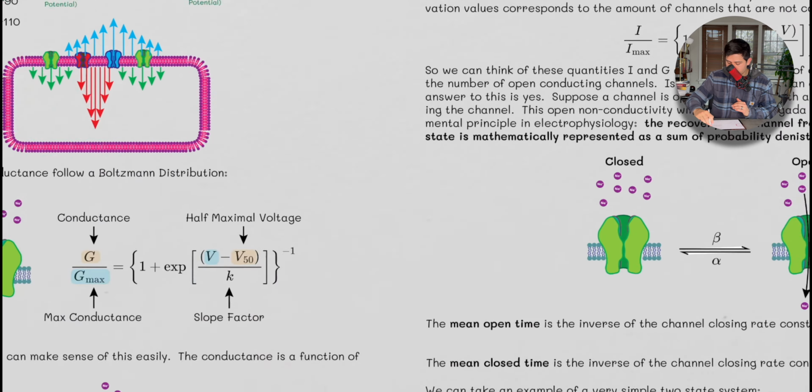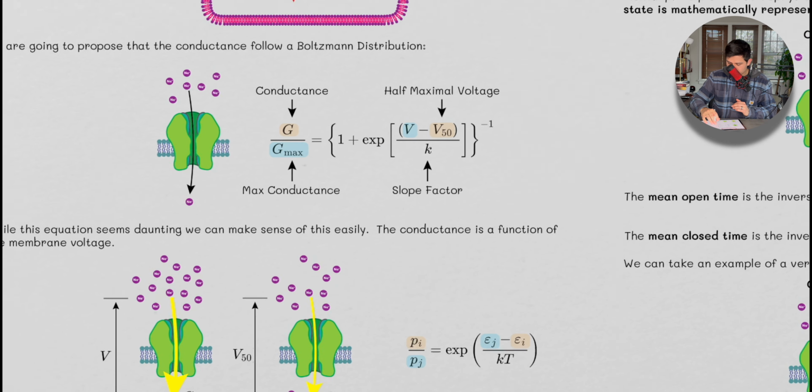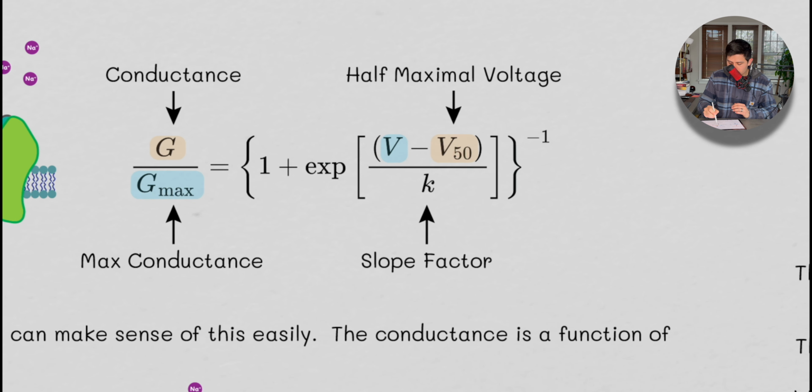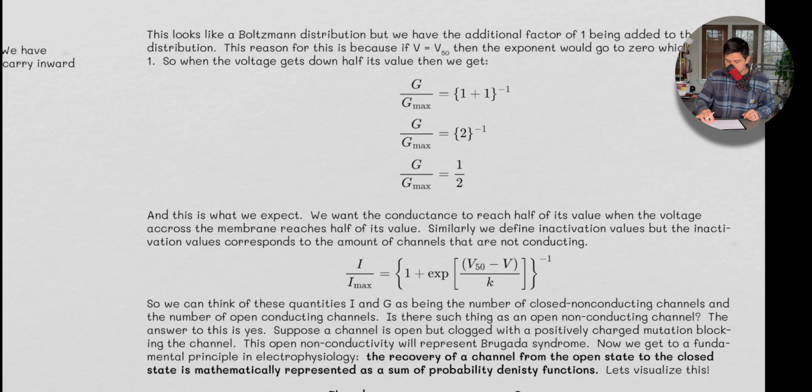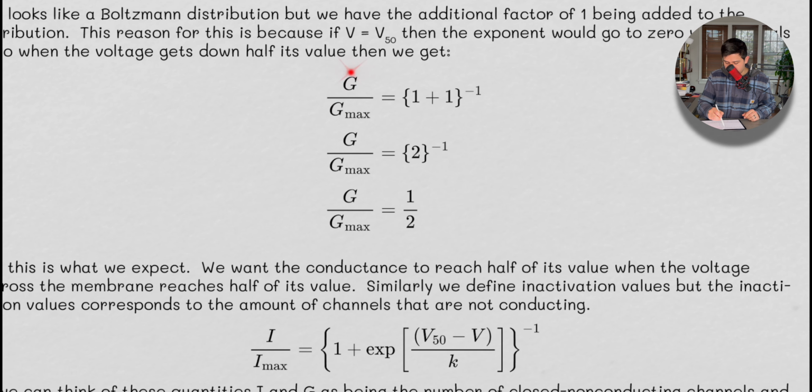Well, when V is equal to V50, this becomes V50 minus V50. That's going to be 0. When we have the exponent to the 0th power, that's just going to be 1, right? This again is just the left side of that equation.